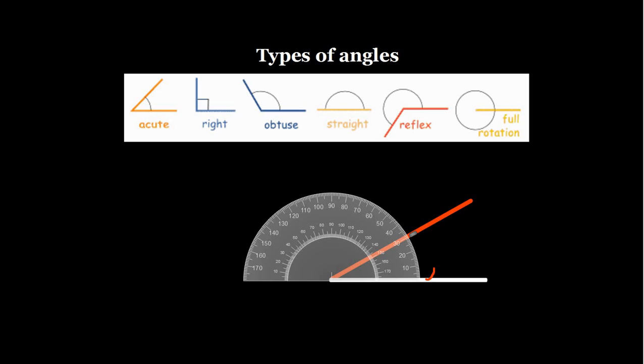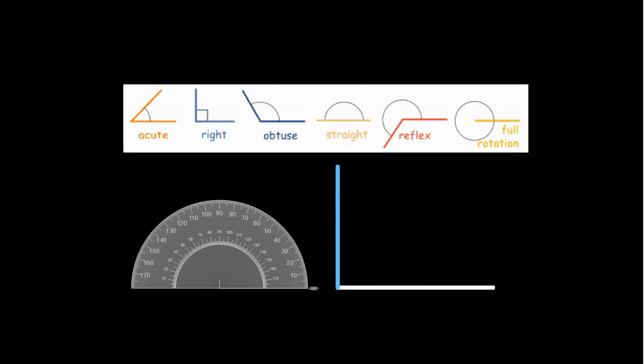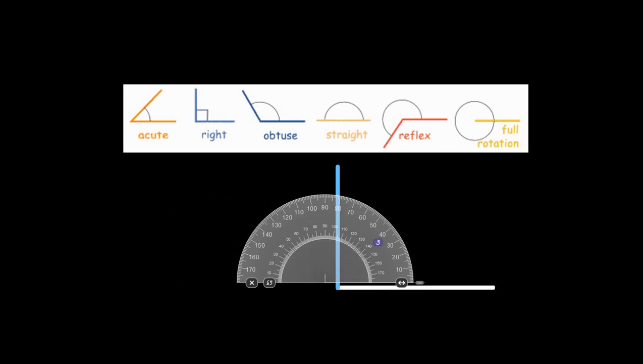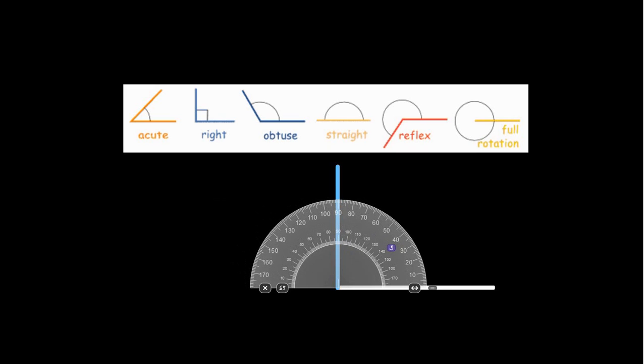Okay, this would be considered an acute angle because it is less than 90 degrees. If we look on the protractor, it would be an angle from all the way up until 89 degrees. It would be an acute angle.